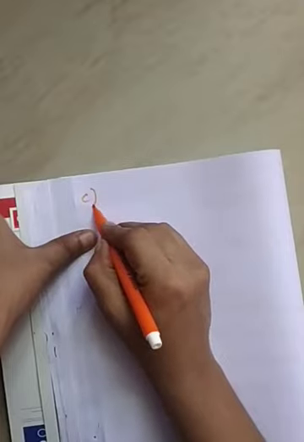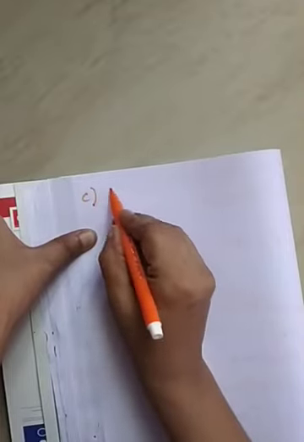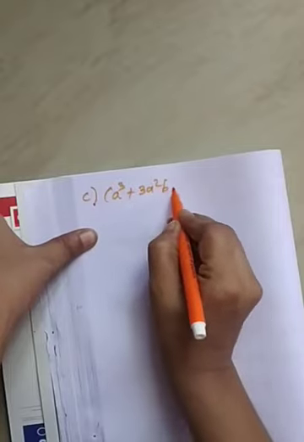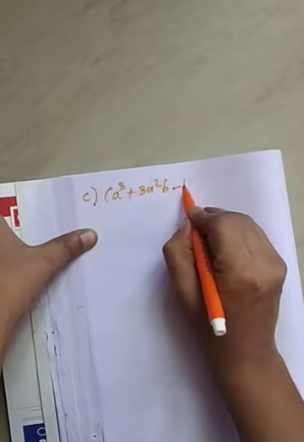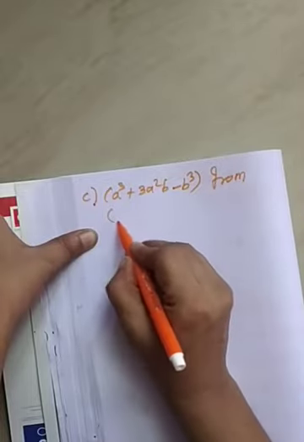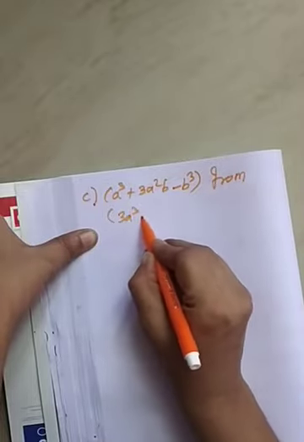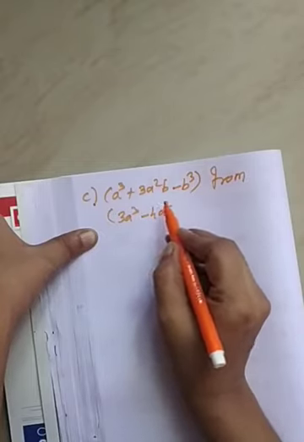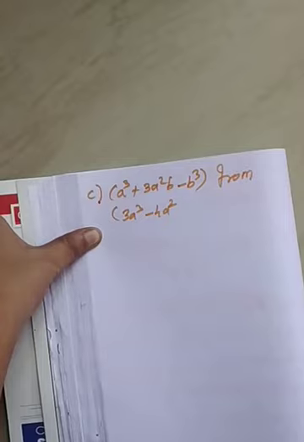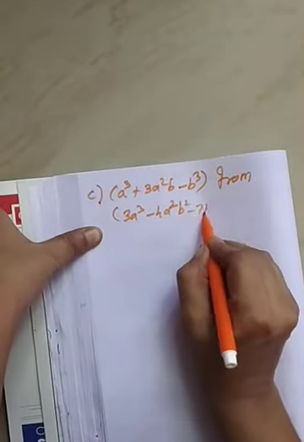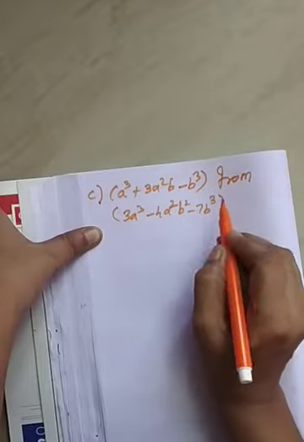Now, see the next problem. A cube plus 3a squared b minus b cube from 3a cube minus 4a squared b squared minus 7b cube.